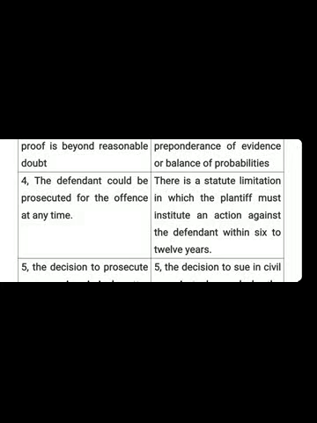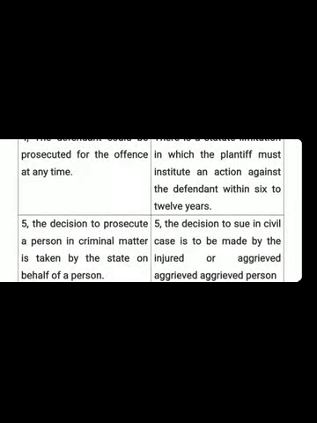That is, the plaintiff must institute an action against the defendant within 6 or 12 years. The decision to prosecute a person in criminal law is taken by the state, while the decision to sue in a civil case is made by the injured or aggrieved person.